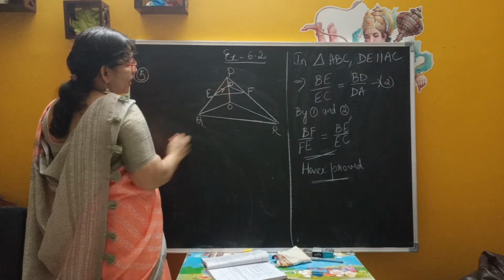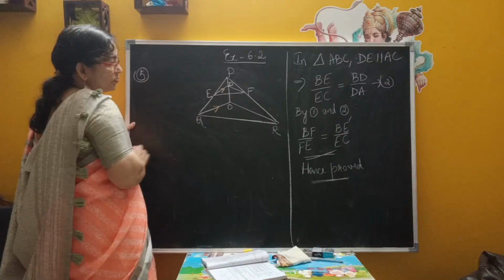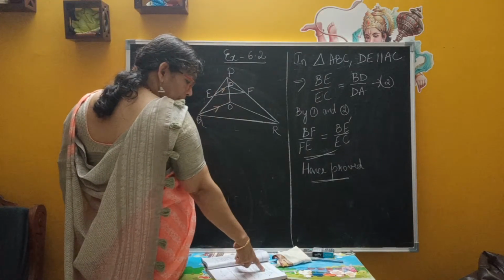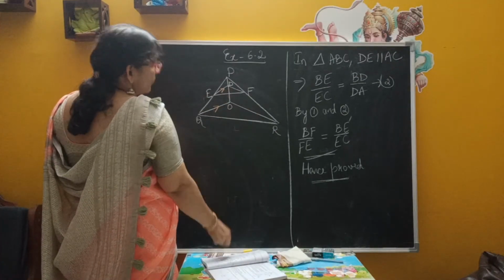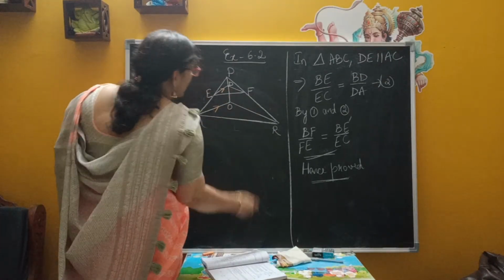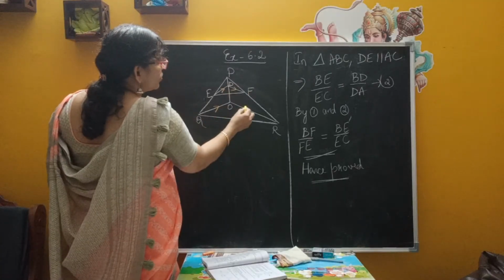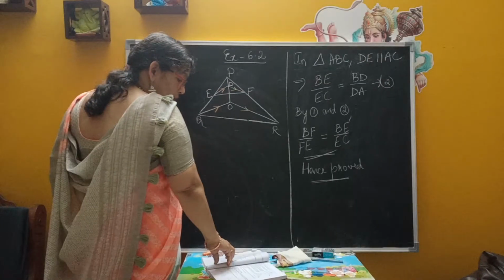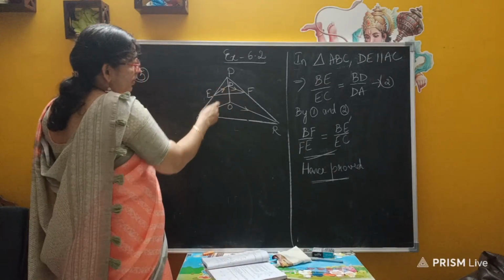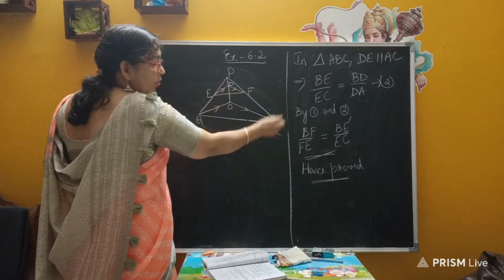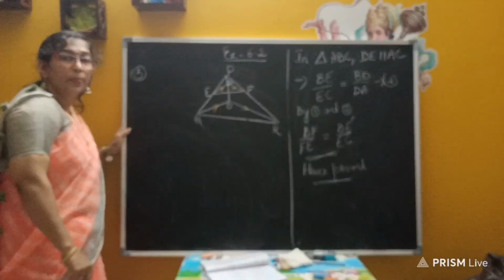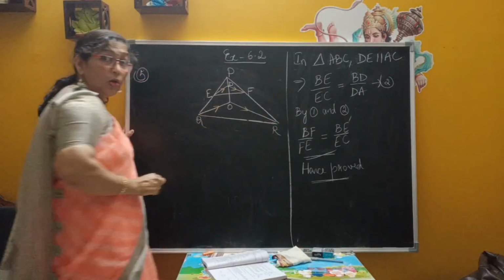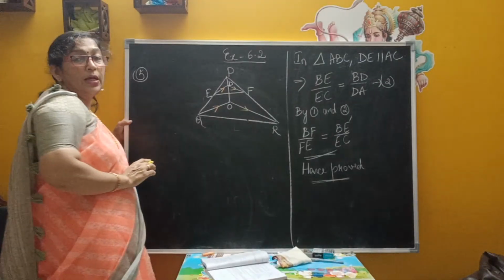These two are parallel lines. Next, DF parallel to OR, which is DF, this one. Okay, one more set of parallel lines. Show that EF parallel to QR. So we need to prove EF parallel to QR. That means what? Converse of BPT, converse of Thales theorem.